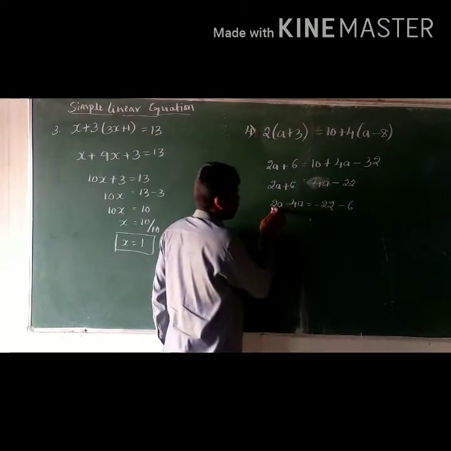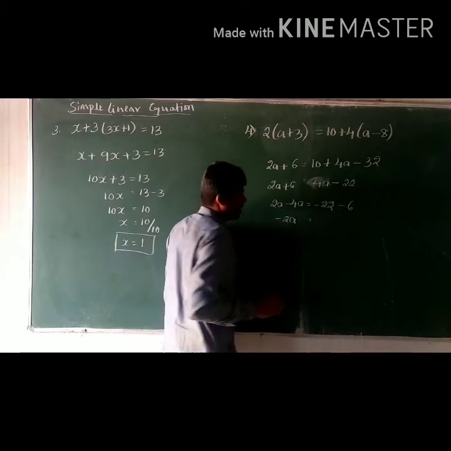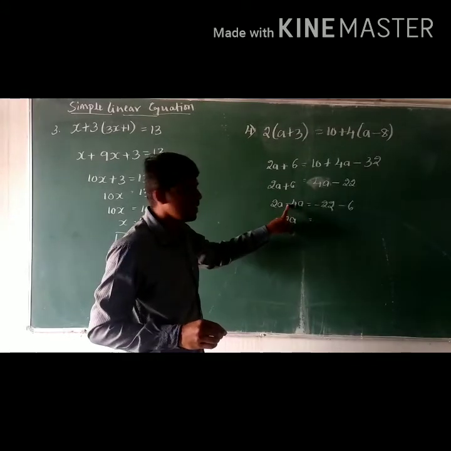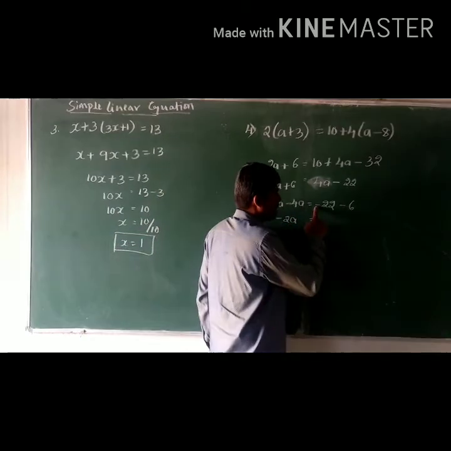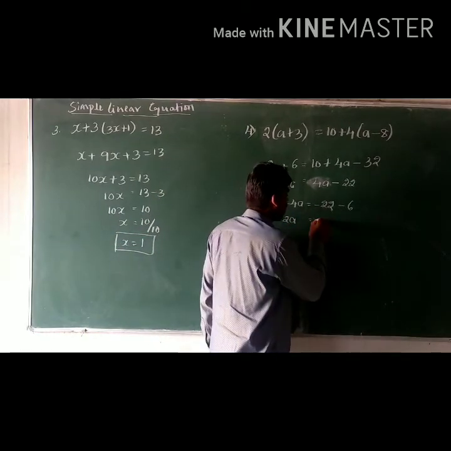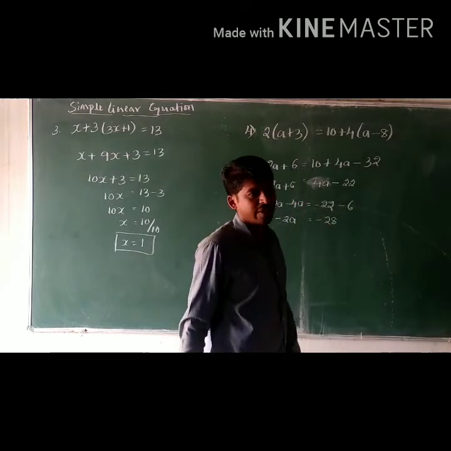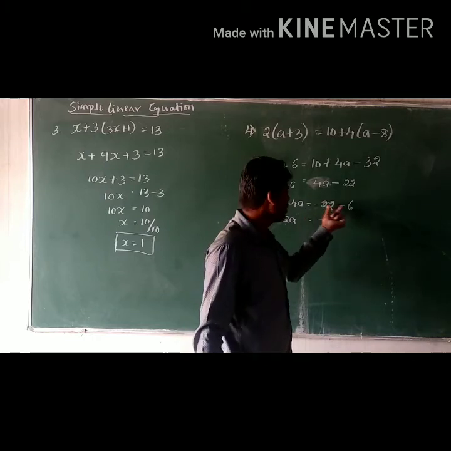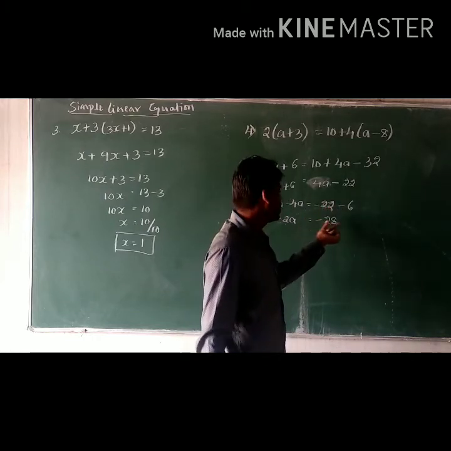Now 2a minus 4a gets minus 2a, because the highest number's symbol should be shown, that's why minus 2a. Here is a minus, so we add minus 28. Now plus and minus are there, so we deduct it. But here the symbols of both numbers are the same, so we add and take the symbol as the same, minus 28.